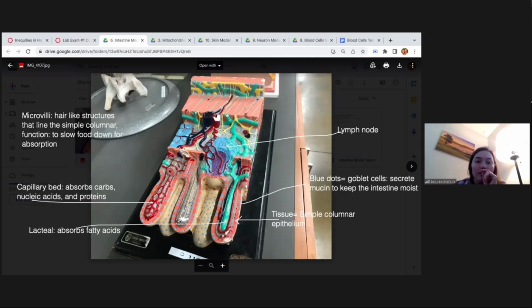And then each of those large finger-like structures are the villi, and they increase surface area. And that should be everything on that.